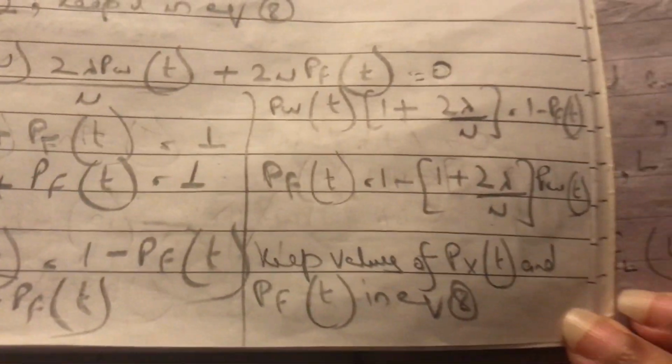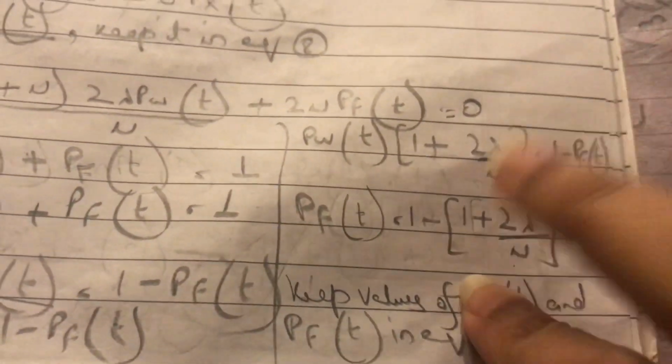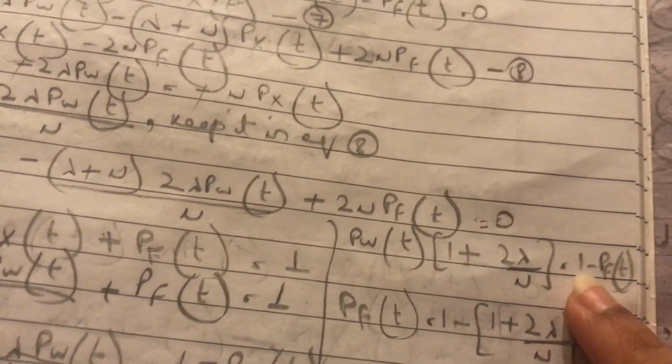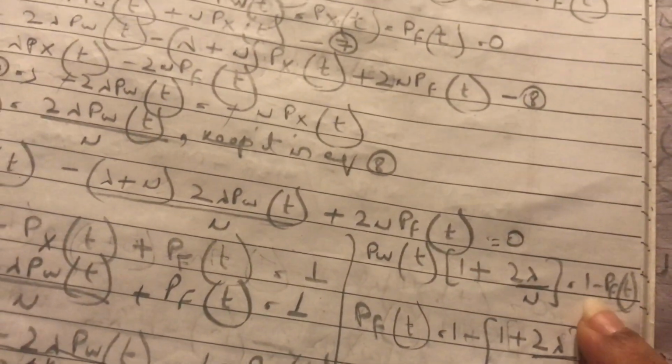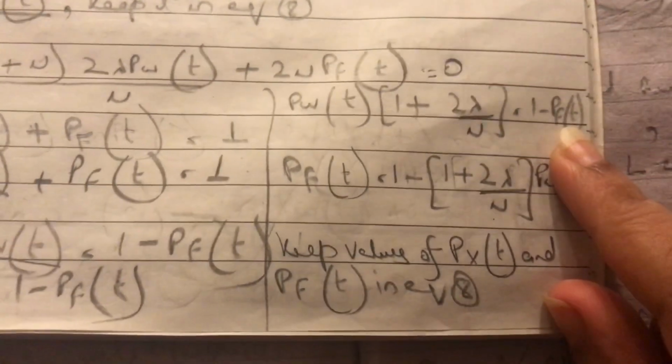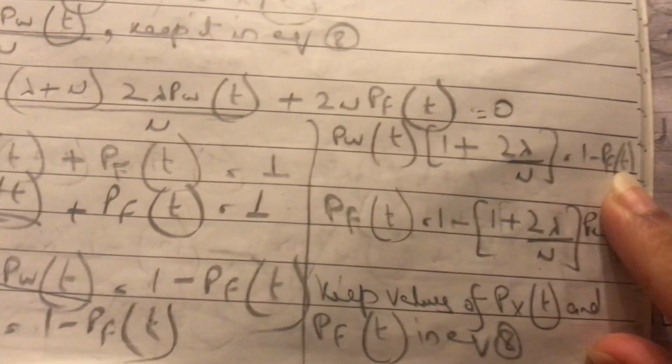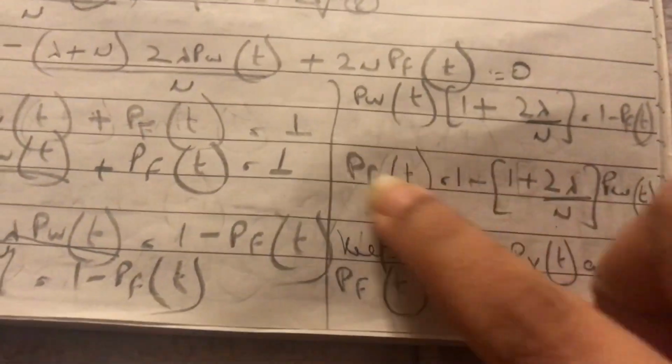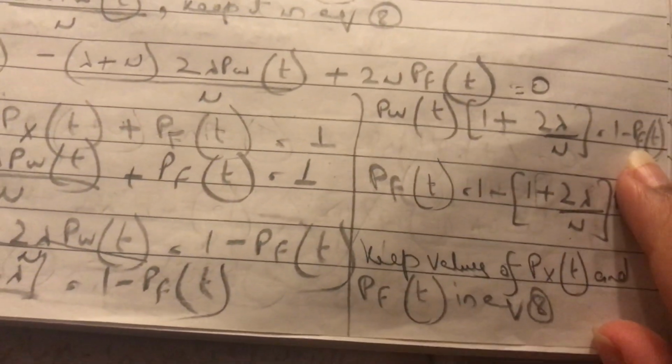We know the value for pf of t. Pf of t goes there, and when it goes there, it was in minus, it comes in plus.